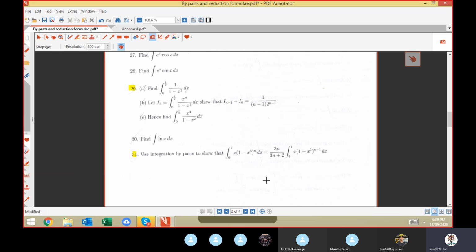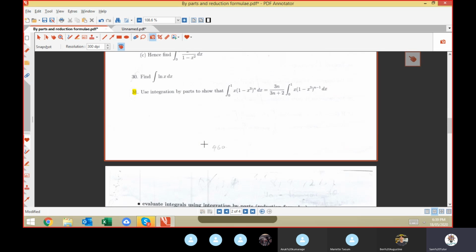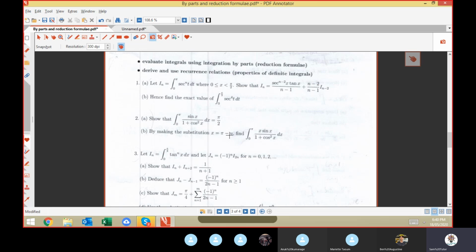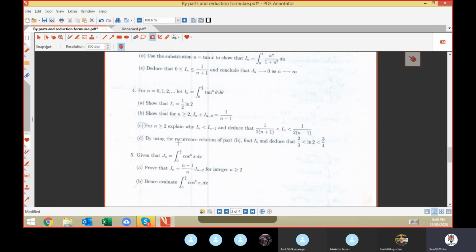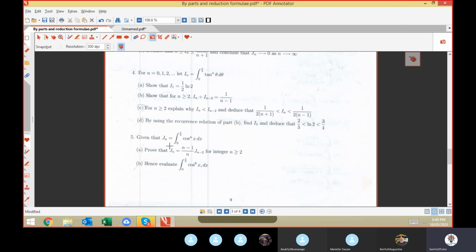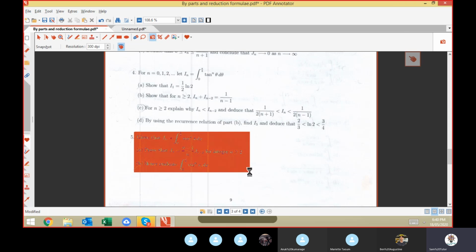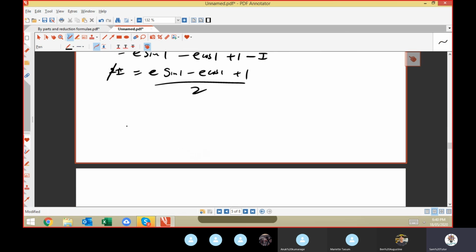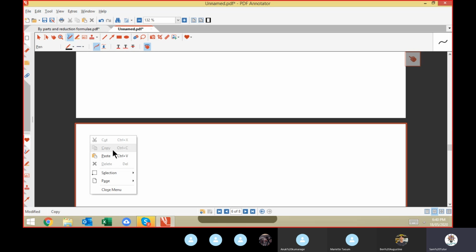Next, we'll do a reduction formula question, just so you guys can see how they work. That's a harder reduction formula question than these ones would be, so let me just pick out one. This question itself is only worth about 5 to 6 marks in exams.